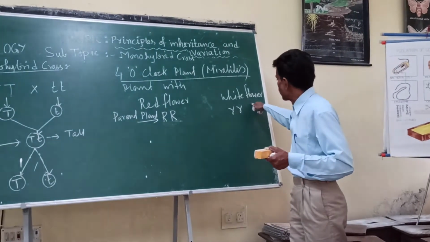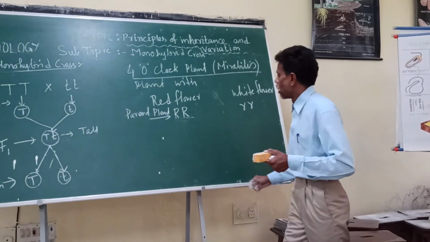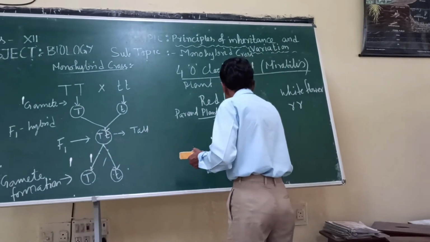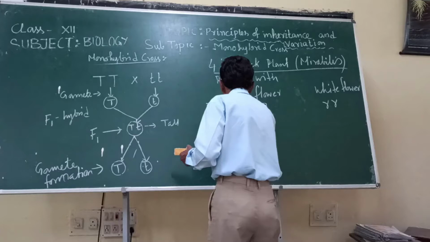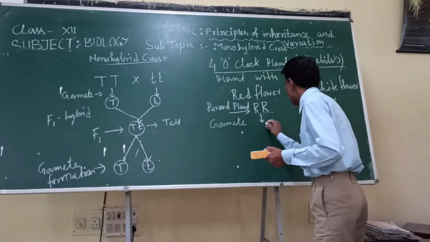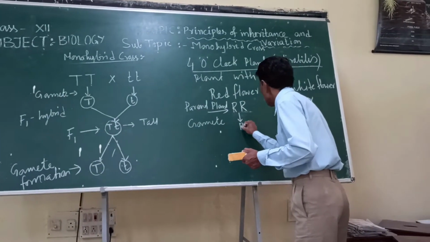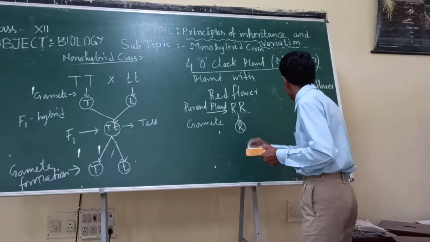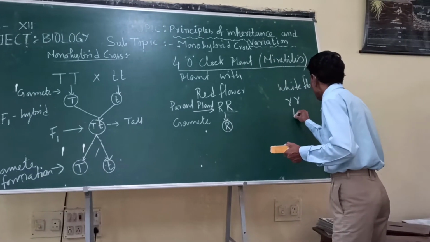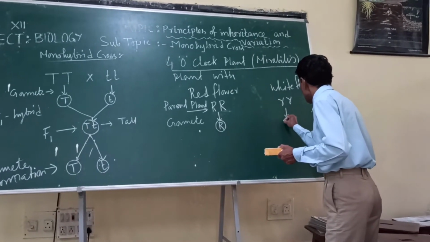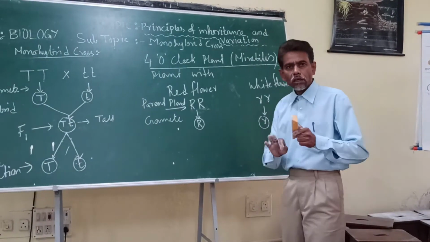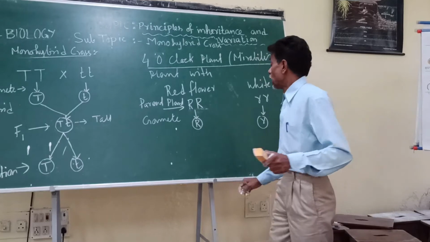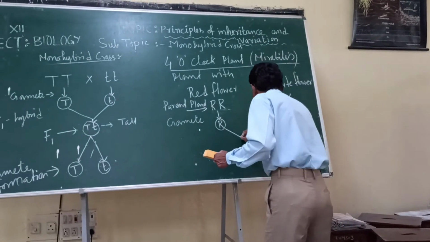Another plant was giving white flower. Now, when the parent plants form gametes, all the gametes from red contain capital R. For the white flower, all the gametes contain small r. Is it very clear?